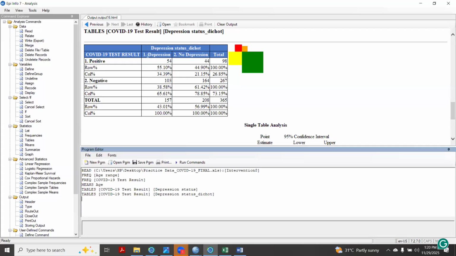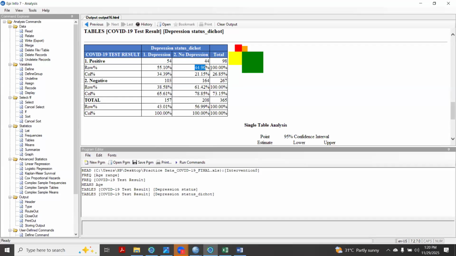For example, the first part will be like your baseline, then the second part may be like your intervention. These are two different groups, then you can use column percentage. But if they are like yes and no inside malaria status, or positive or negative inside malaria, you would use row percentage.